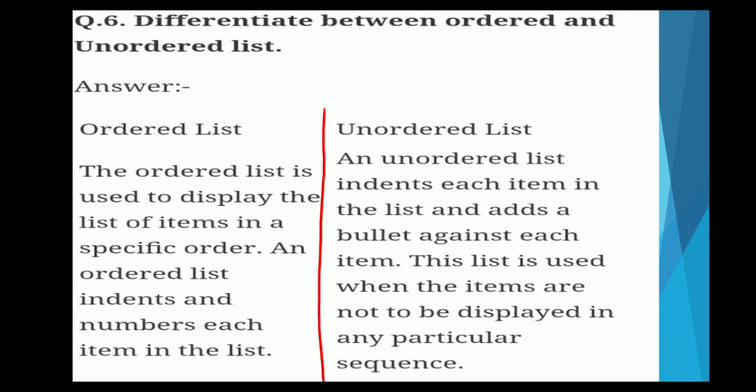When you write in a sequence form, it is called an ordered list. An unordered list indents each item and adds a bullet against each item. This list is used when the items are not to be displayed in any particular sequence.